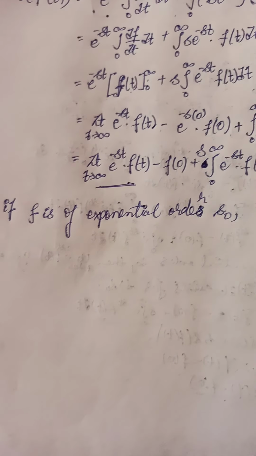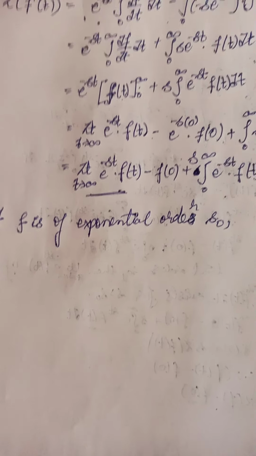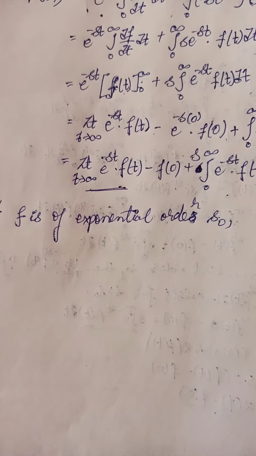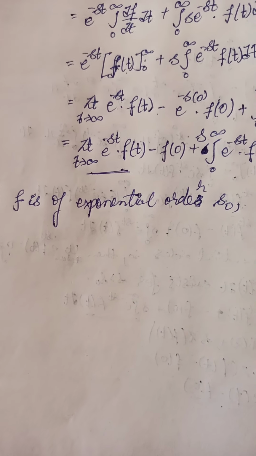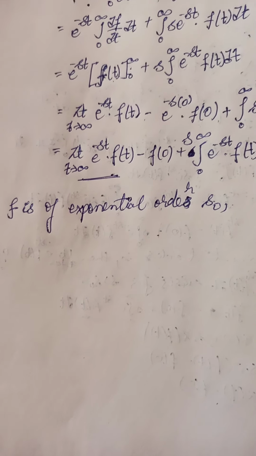What does this statement mean? If the function f of t is of exponential order, it either increases or decreases exponentially, with its terms of the order e to the power of something. Only then can we define this limit.